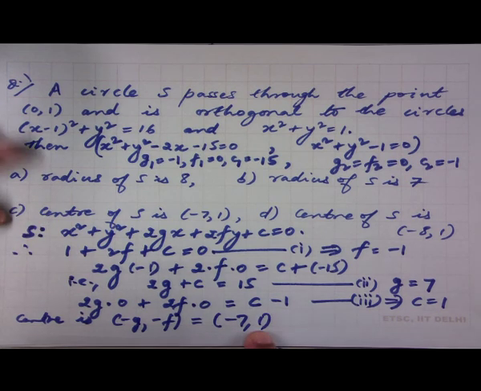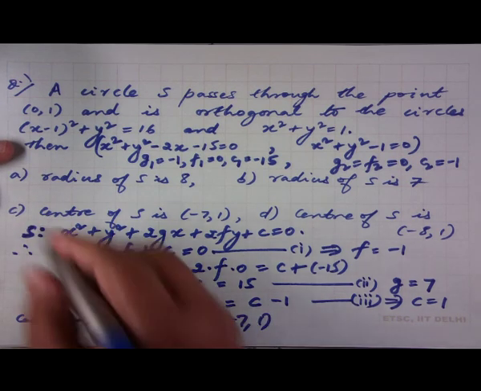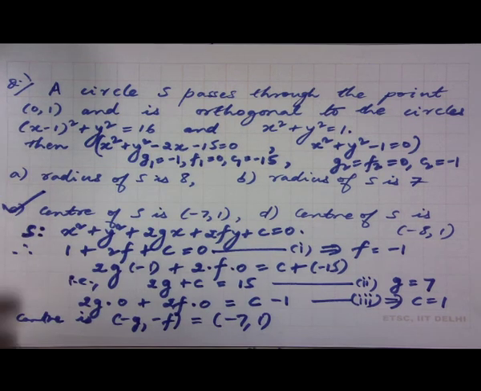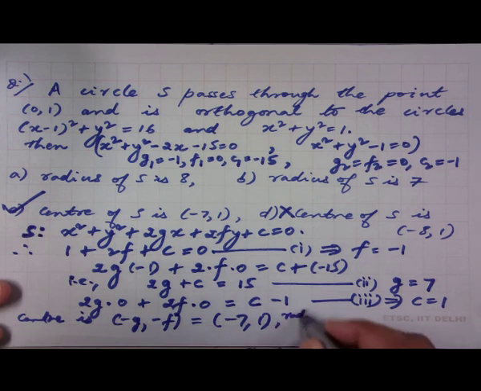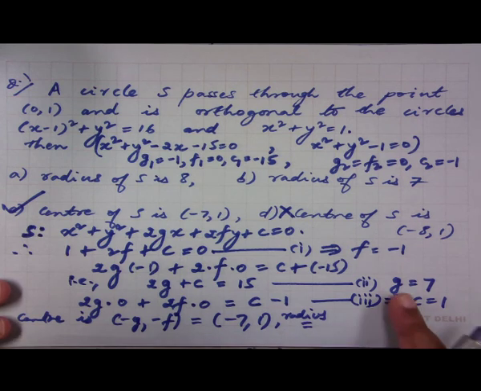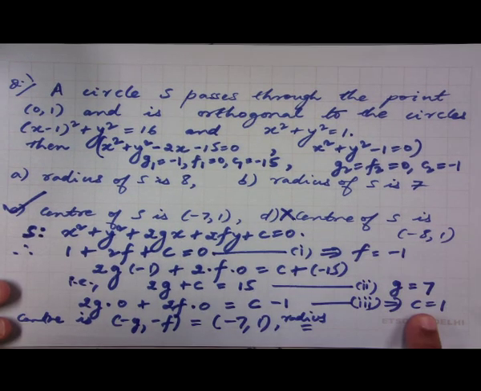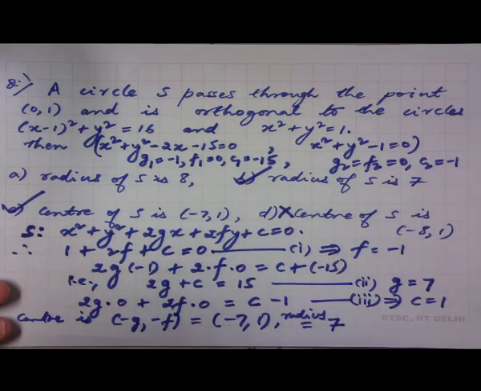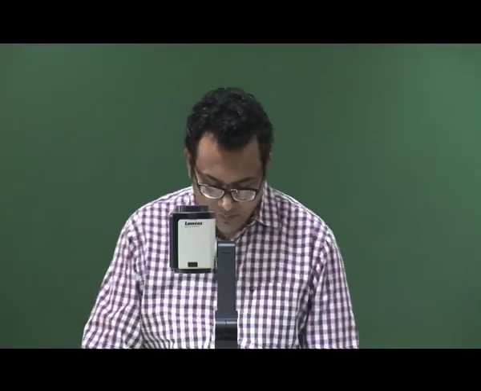So, the center is minus 7 comma 1, which means that option C is correct and option D is wrong. And the radius is equal to square root of g square plus f square minus c, will come out to be 7. So, option B is correct and option A is wrong. So, let us consider another problem.